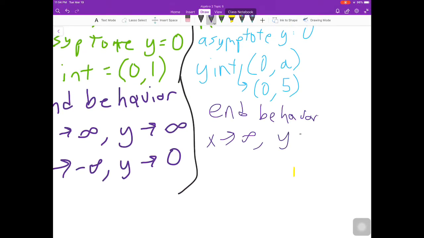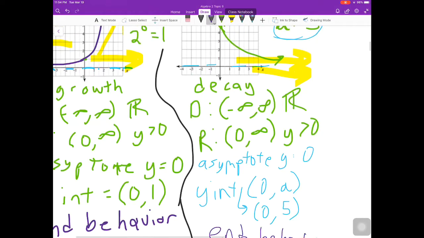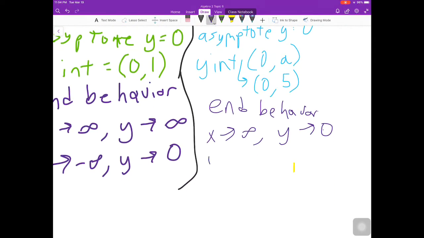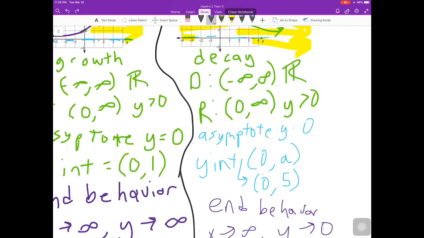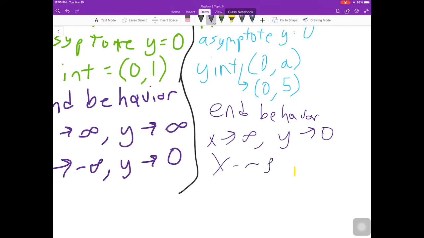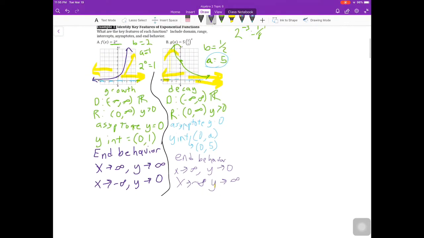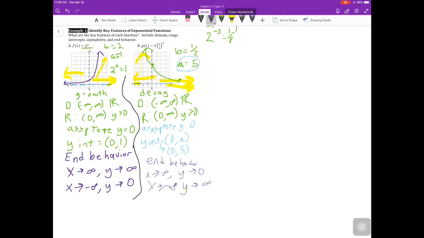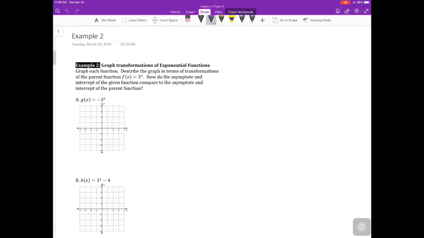So y is approaching 0. And then as our x values move to the left, our y is going to positive infinity. So as x goes to negative infinity, sorry, my handwriting is awful tonight, you guys. y is going to go to positive infinity. So you'll notice that the end behaviors for a growth versus a decay are exactly opposite of one another. And that's because your graphs are opposite.